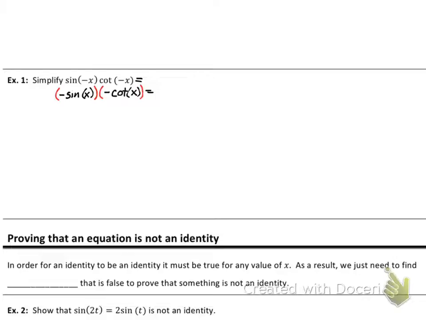Well, a negative times a negative is a positive. So we really have a positive sine x times cotangent x.